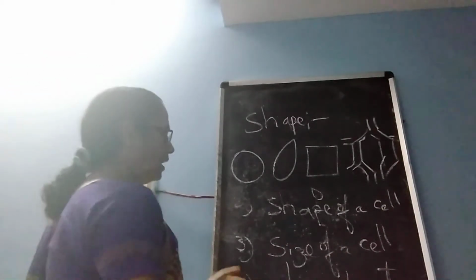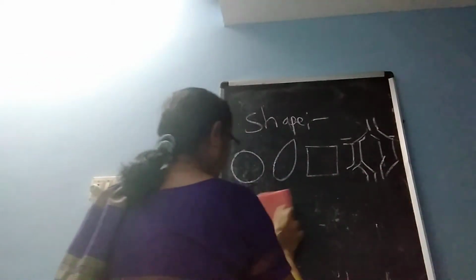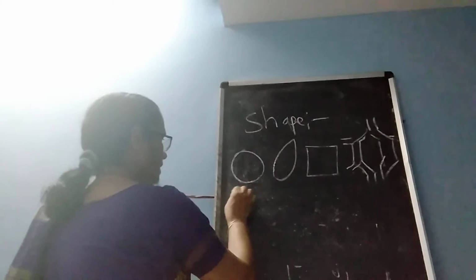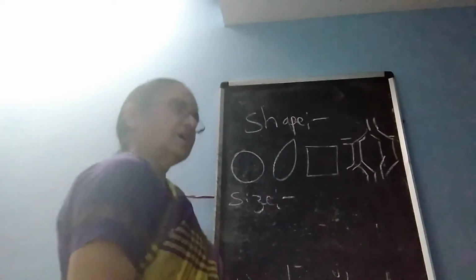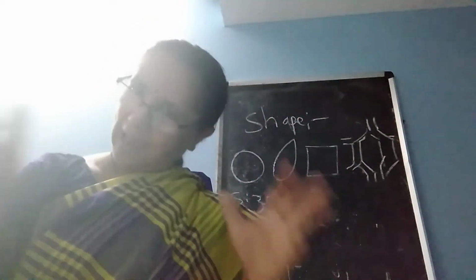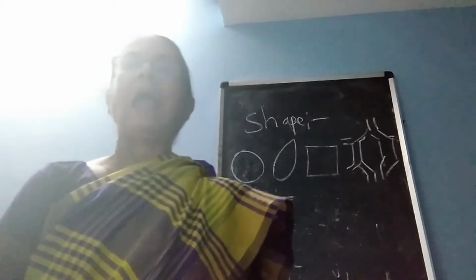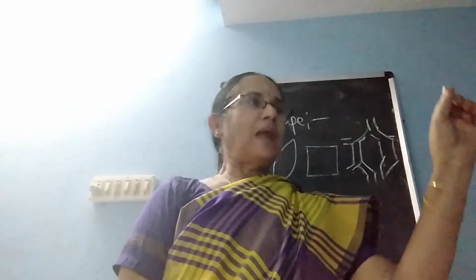Next one is the size of a cell. Do all organisms, plants or anything, have the same size? They will be of different types. Some plants are small, some plants are large.